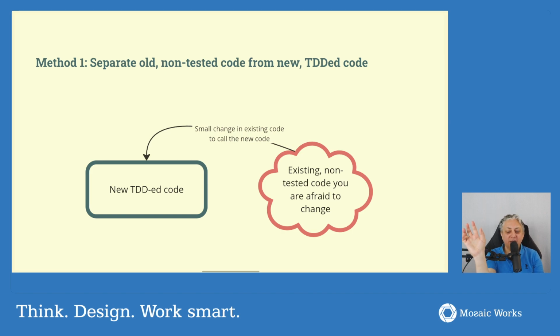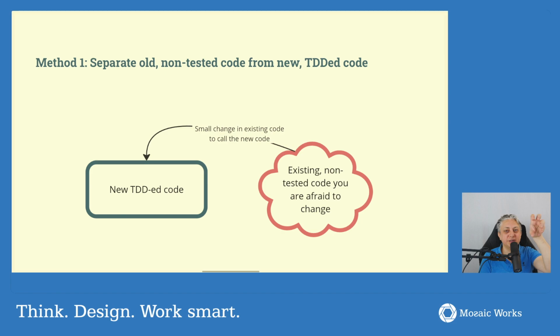And the old thing that is not tested, you're afraid to change it, the design is not great. Or maybe it was at some point, but now it's difficult to deal with it. So the advantage is that you separate these things very neatly.